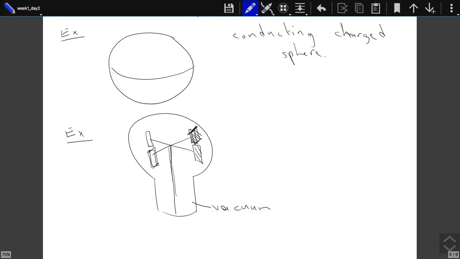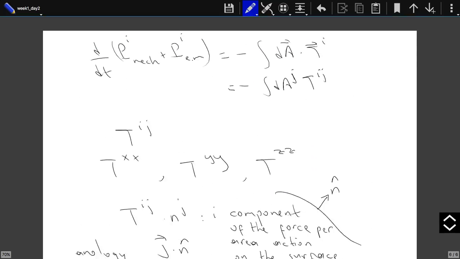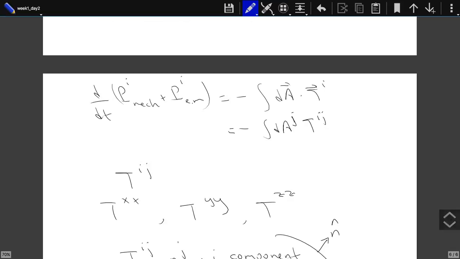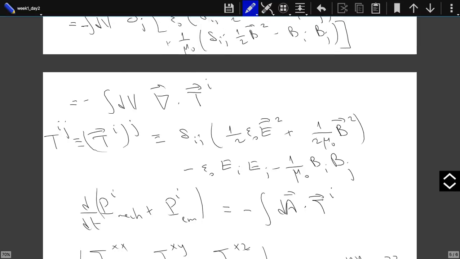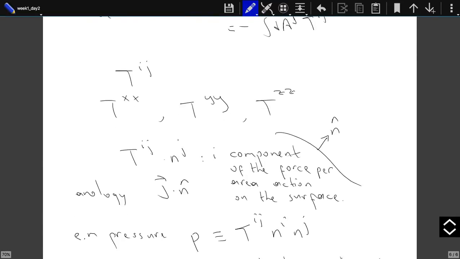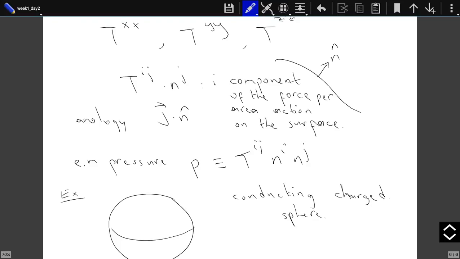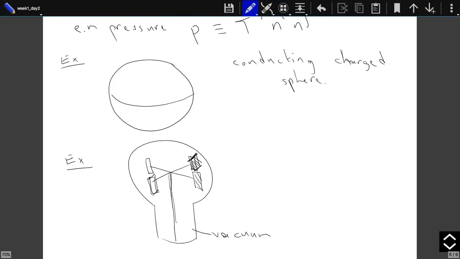It does rotate. And it's basically due to, well, light has both electric and magnetic fields, and hence this T is non-zero. It exerts a pressure. We will calculate this T tensor for electromagnetic waves. It's non-zero. Hence, it exerts a force or a pressure, and that is what causes it to rotate. Why one side is dark, the other side is not, is basically because one side absorbs the light, the other side reflects it.